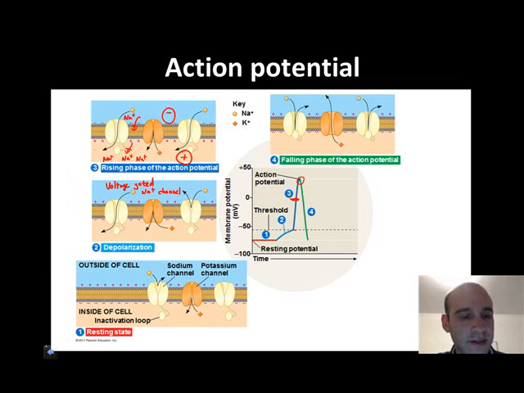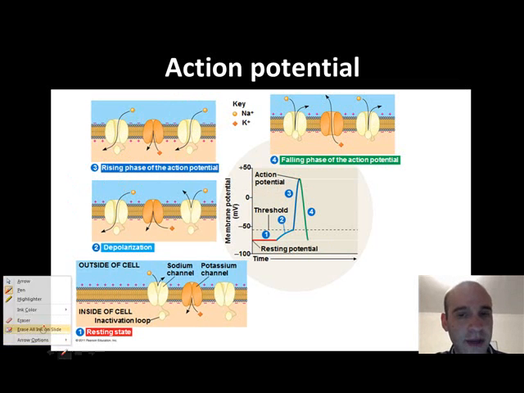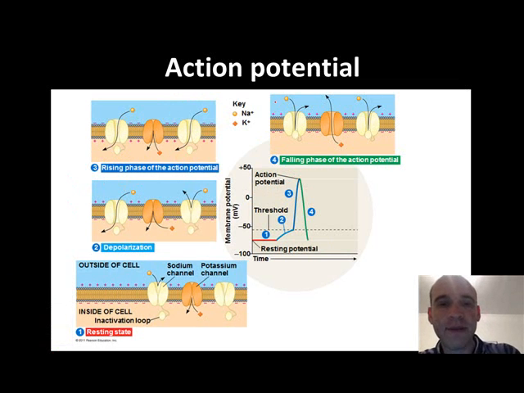At that point, these voltage-gated sodium channels get inactivated, okay? And as they get inactivated, the sodium no longer is coming inside. Then these potassium channels open and potassium ions start to rush out of the cell.